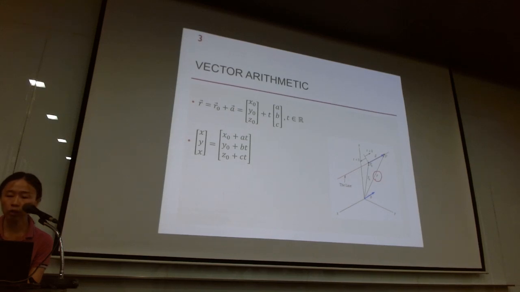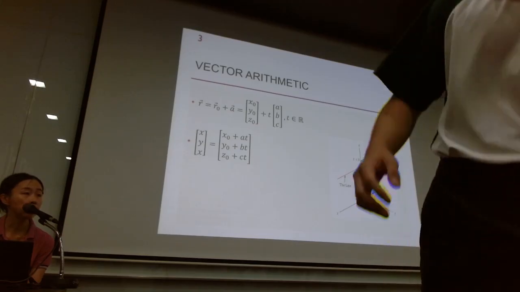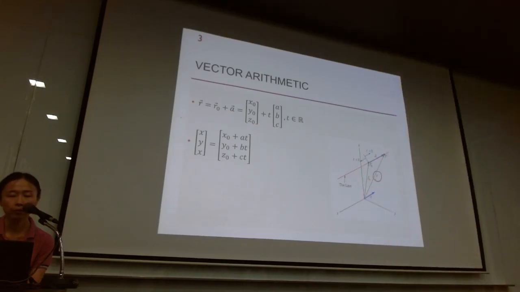So what you will do is you should put R0 and A linked with each other. That means the head of R0 links with the tail of A, continuously. Then from the tail of R0 until the head of A, the vector will be their sum. Okay? Any question? No, right? Okay.